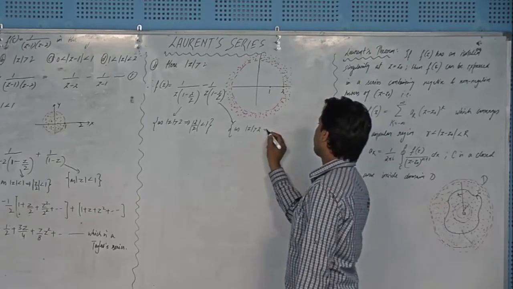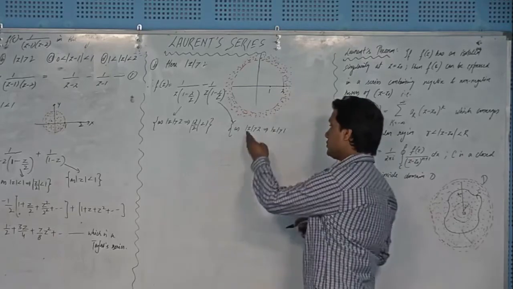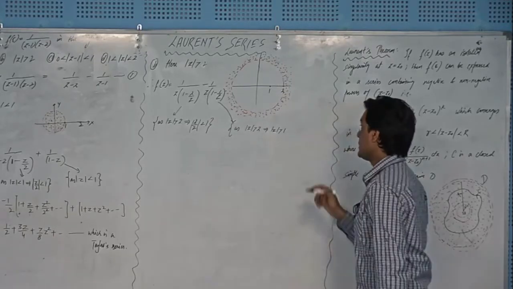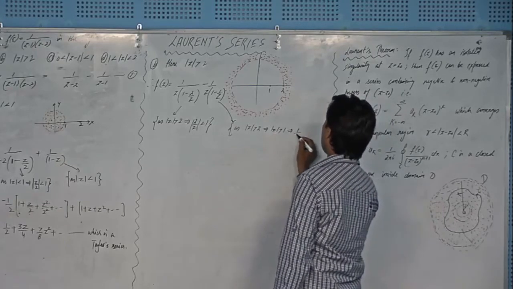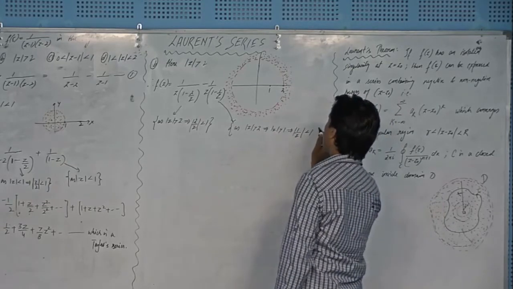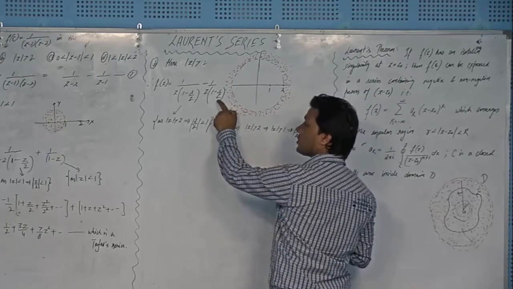It implies that it should be greater than 1 also, right? Something greater than 2 should be greater than 1 also. And it implies that if we take this mod z here, 1 over z is less than 1, right? And that's why we have created 1 by z here at this point.